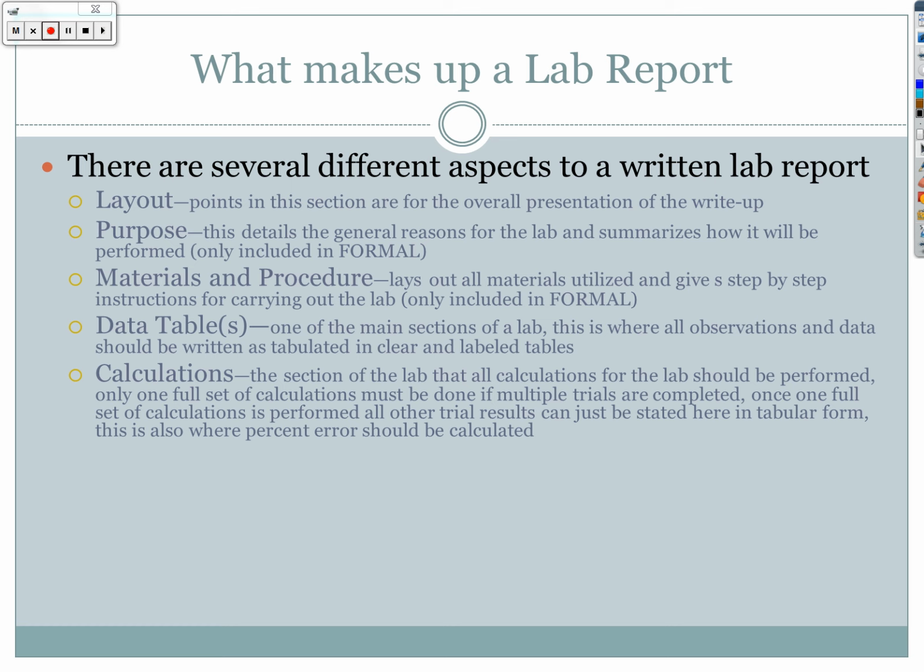After that, you can just state the other trial results, calculation results, in a table form. But you only have to show the full working for one of your sets of calculations. You do have to do the calculations for all the other ones, you just don't necessarily have to write them all down. Calculations is also where you're going to calculate percent error when it's applicable.